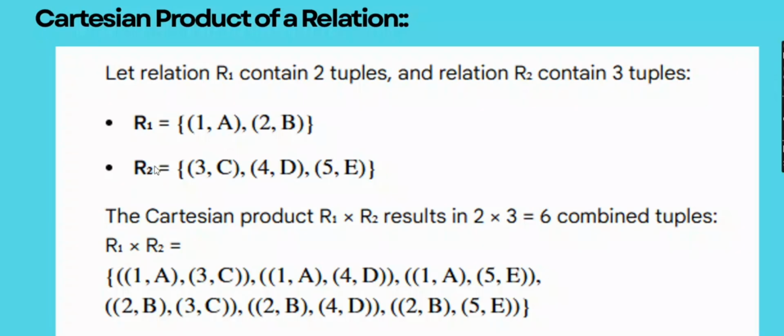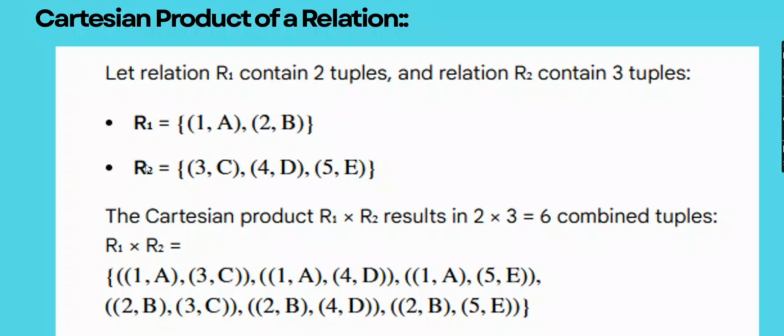R2 is another relation which has the ordered pair value 3 comma C, another ordered pair value 4 comma D, and another ordered pair value 5 comma E. So the meaning of representing it like this is that 1 comma A is related within each other in some means. Similarly, 2 comma B is related within each other. It doesn't mean that 2 is related to A or B is related to 1.